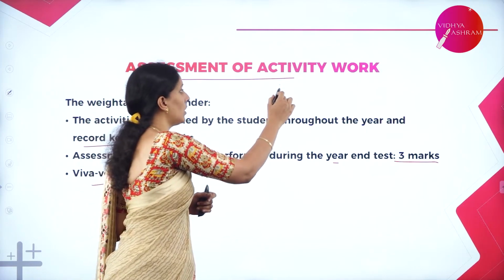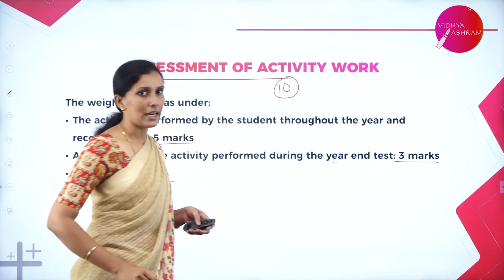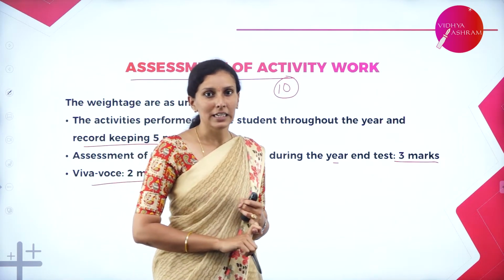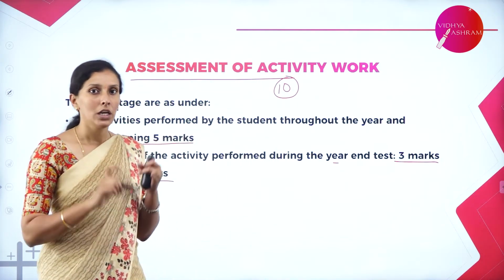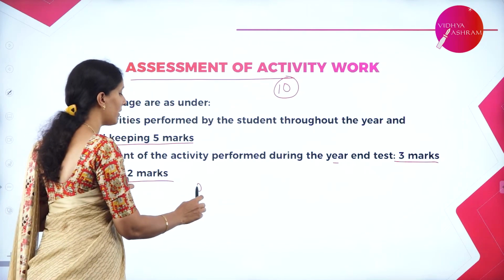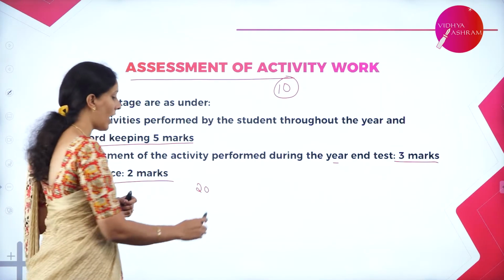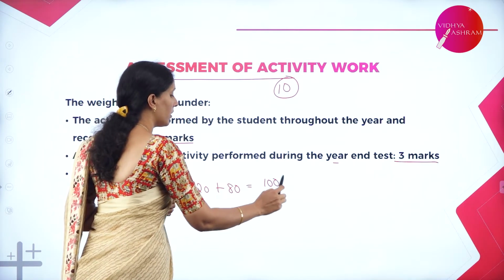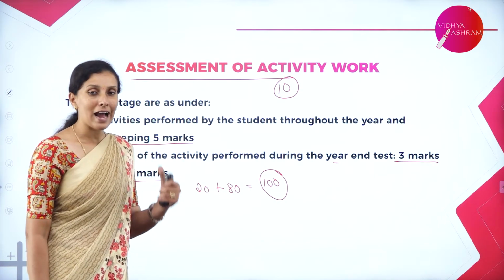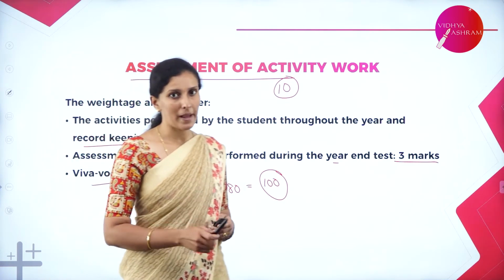So in total the activity work has 10. For your periodic test 10 marks, and for your activity 10 marks. In total your internal assessment is for 20 marks, and your annual examination 80. So overall you're assessed for 100 in the subject mathematics.